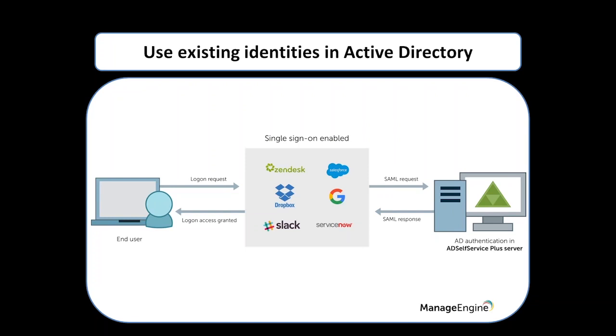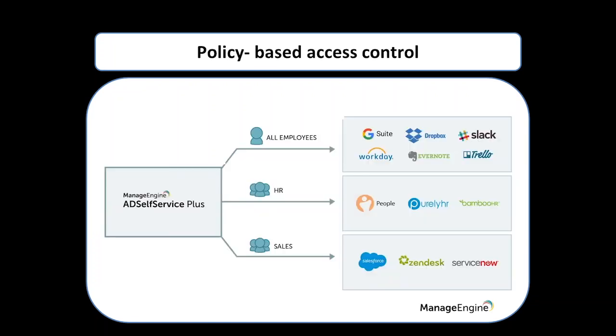So yes, we are talking about big numbers right here with respect to access. So coming to the last segment of today's agenda, I said we are talking about large numbers. I just said we're talking about 100 plus applications.